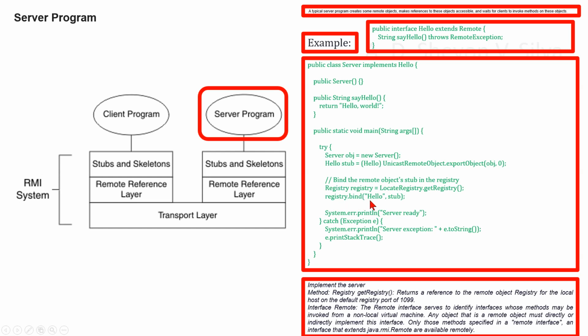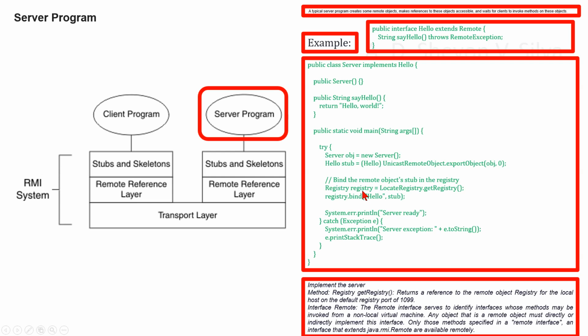The static method LocateRegistry.getRegistry that takes no arguments returns a stub that implements the remote interface java.rmi.registry.Registry and sends the invocation to the registry on the server's local host on the default registry port of 1099.